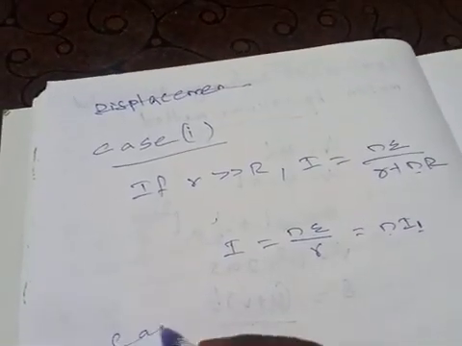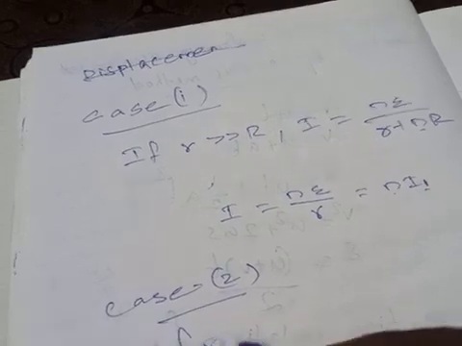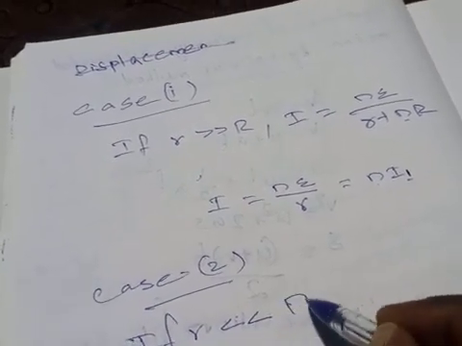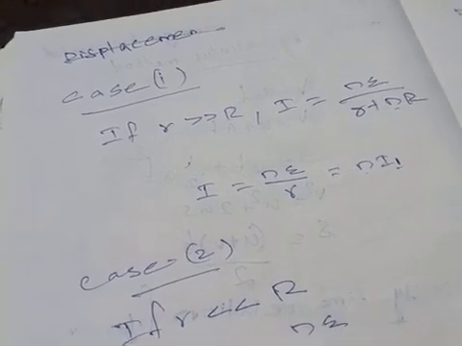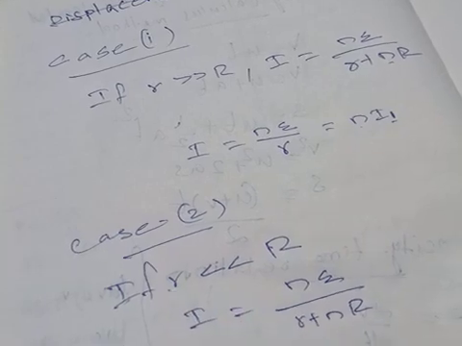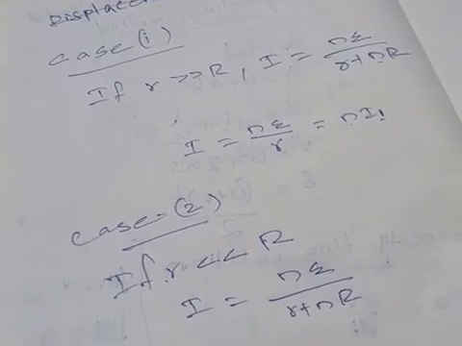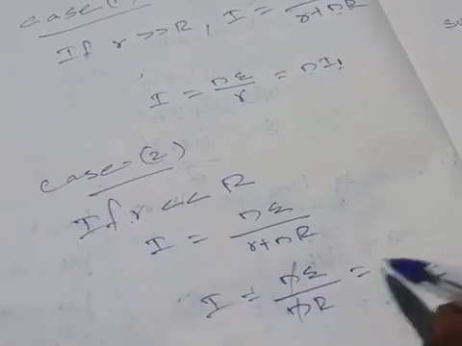Case 2 is, if the external R is very much less than the internal r, then what will I be? N epsilon by R plus Nr. Here this R will be cancelled, so I is equal to N epsilon by Nr. N cancels, and we get epsilon by r.